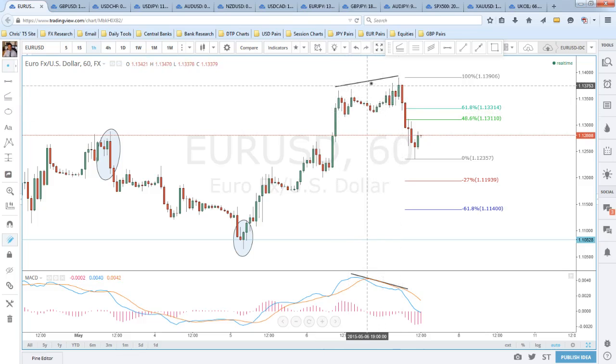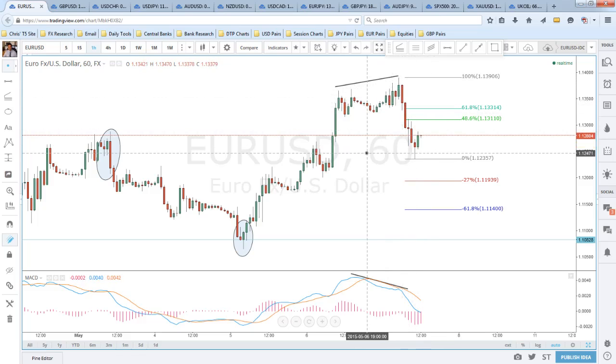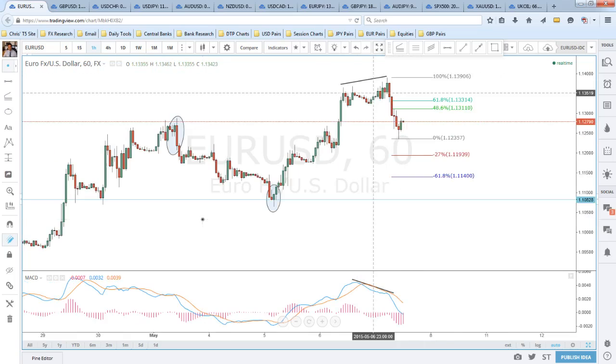So price came up, we had a divergence, we were looking for price to react, then right after this candle closed, we had an immediate decline and it closed below that candle. Okay, to me, that's a bearish candle. That's a bearish look. Now, I'm not sure if this will be categorized as an outside bar or anything, but to me, it's a bearish candle and it would be significant.